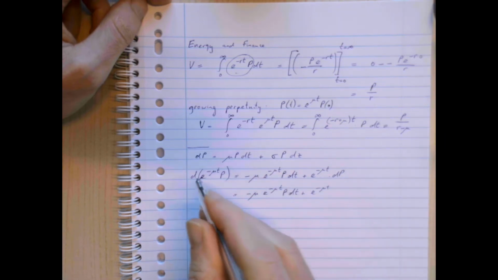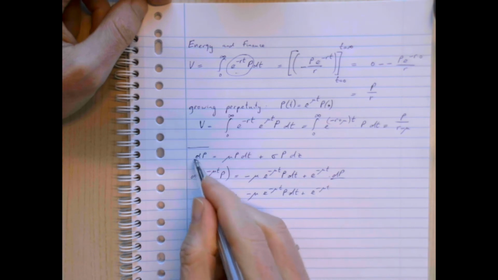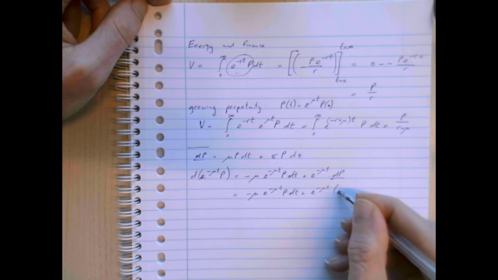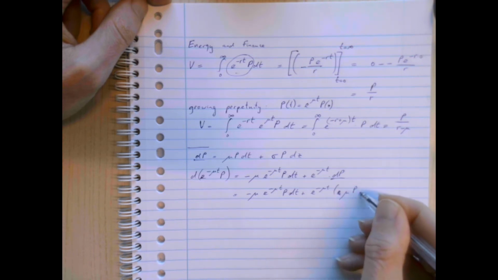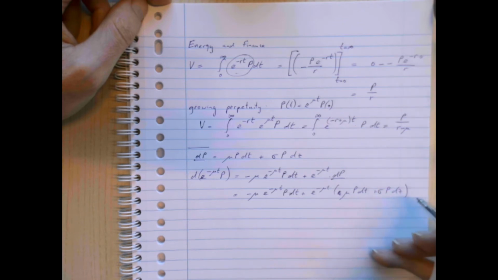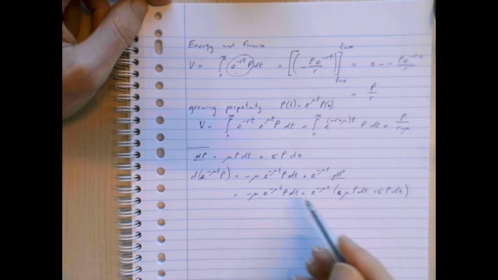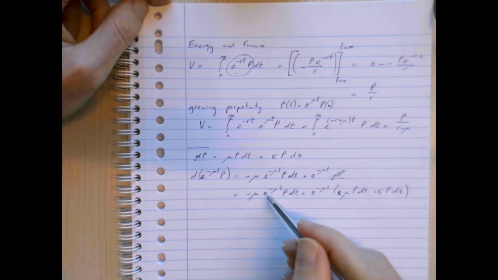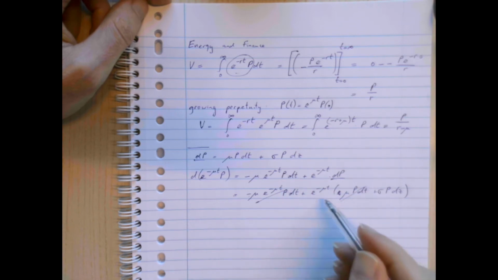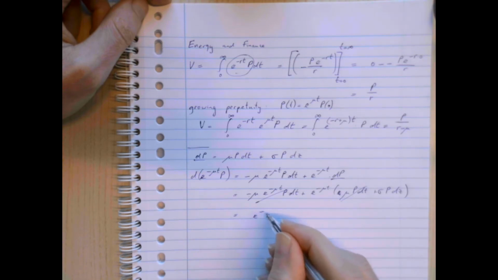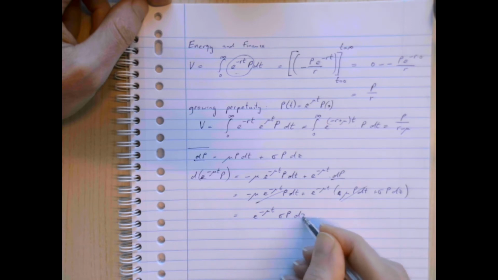Now let's plug in what we know, that dp over here, we know what it is: mu times p dt plus sigma p dz. And now you see that these first two parts are the same but with opposite signs. Here's a minus, here's a plus, so these two cancel. The only thing that remains is this part over here, e to the power minus mu t sigma p dz.